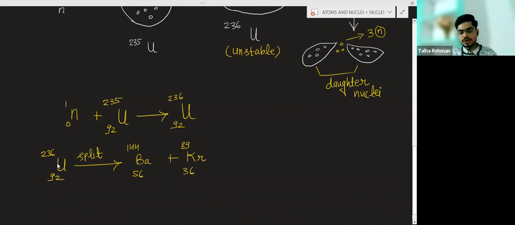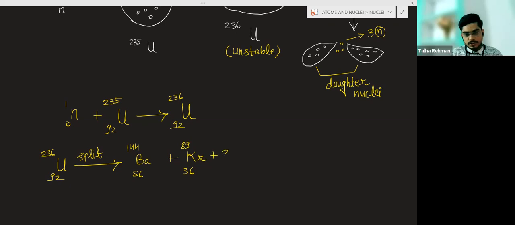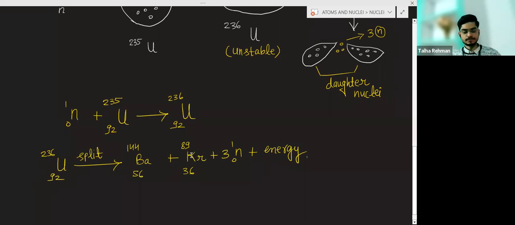So this uranium-236 will split into barium and krypton. These are lighter nuclei and this is the heavy nucleus. Along with barium and krypton, 3 neutrons will release, and energy will release.